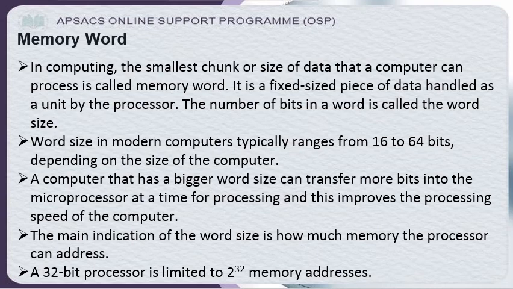Another example: whenever you install a 32-bit operating system on a 64-bit processor and you have 8 GB RAM inside your laptop or desktop, it will show you that only 4 GB RAM can be used.